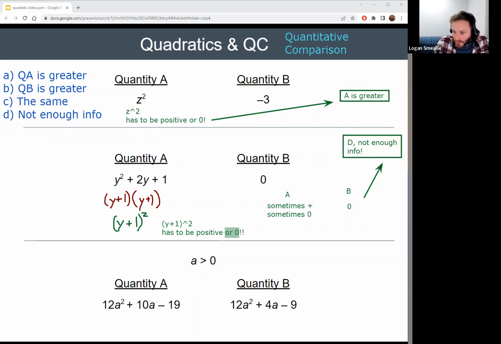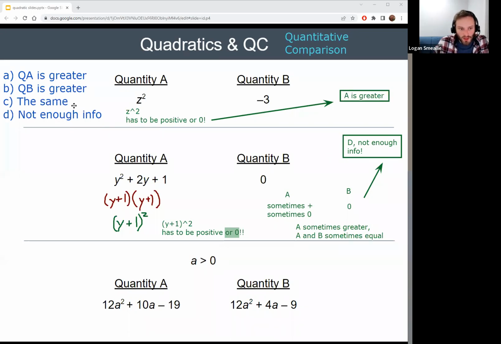Because sometimes they are equal, 0, 0. Sometimes A is greater, positive versus 0. If A is sometimes positive, sometimes 0, A is sometimes greater, A and B sometimes equal.